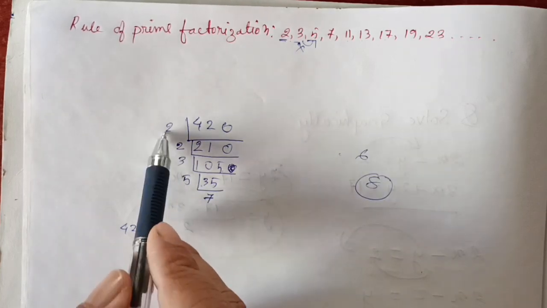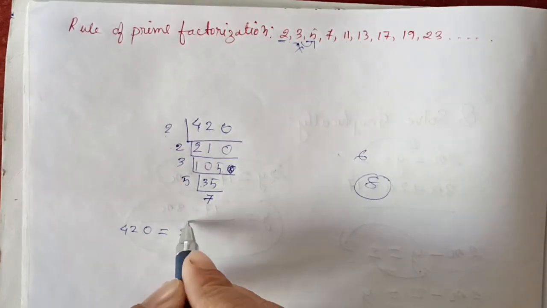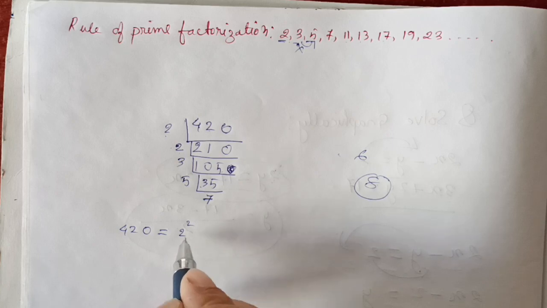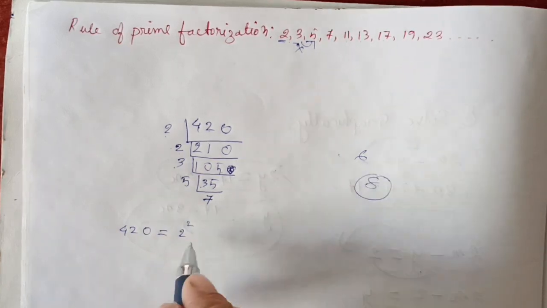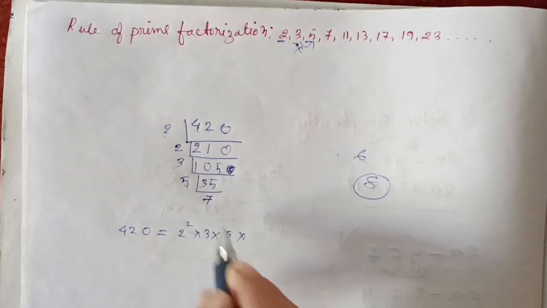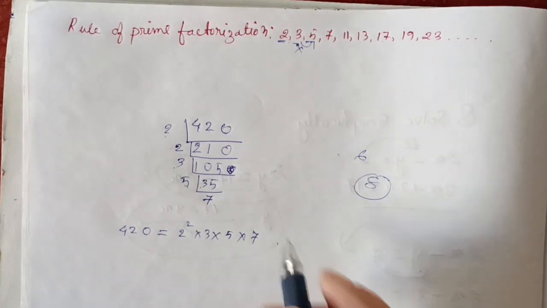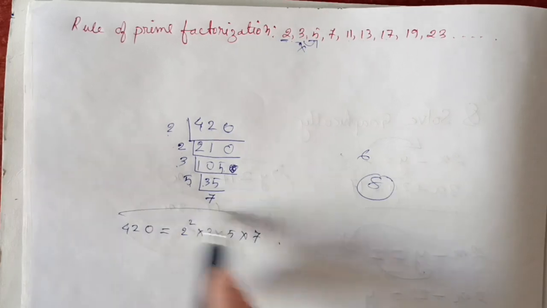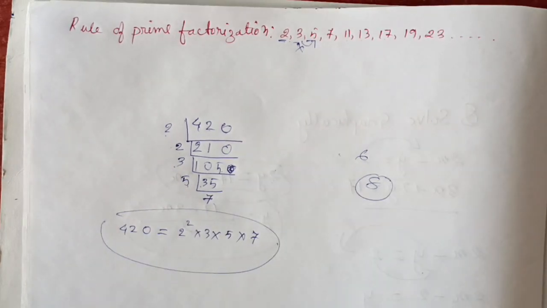Here, 2 comes 2 times, so we write 2 two times. Now 3 is alone, 5 is alone, then 7. This is how we take prime factorization.